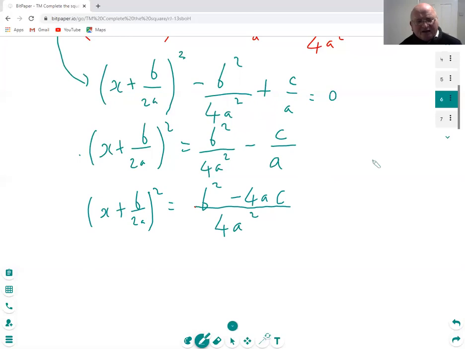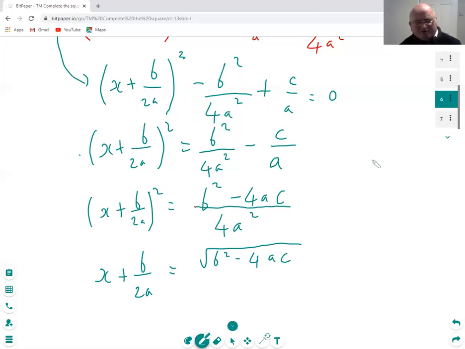Okay, so now what we have to do is take the square root of both sides. The square root of x plus b over 2a equals the square root of b squared minus 4ac, and that can be plus or minus.